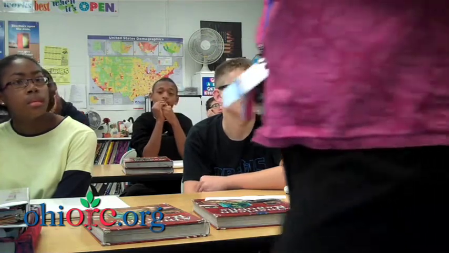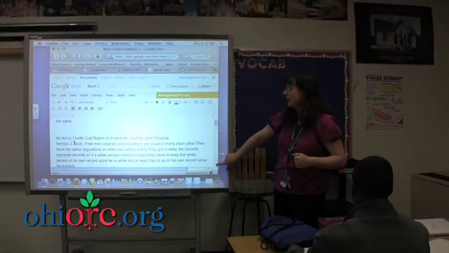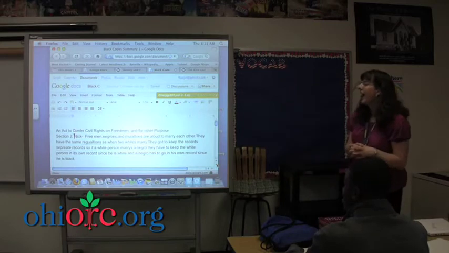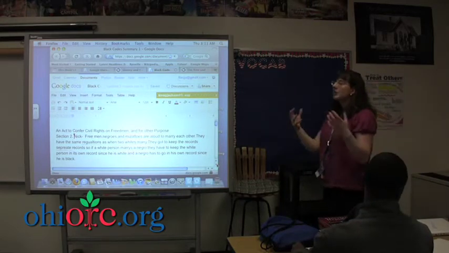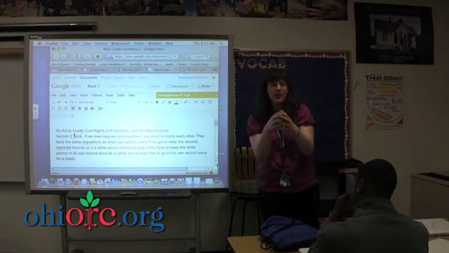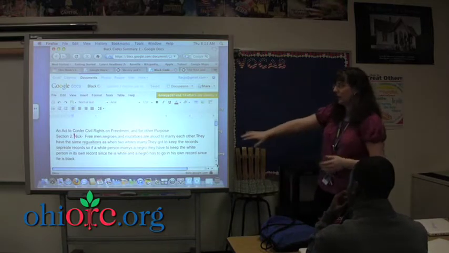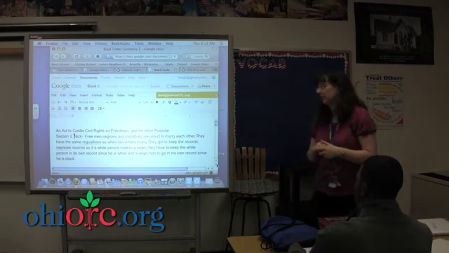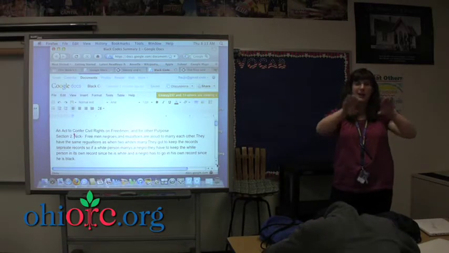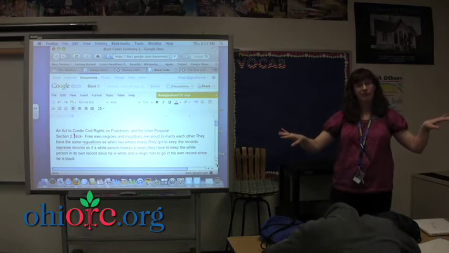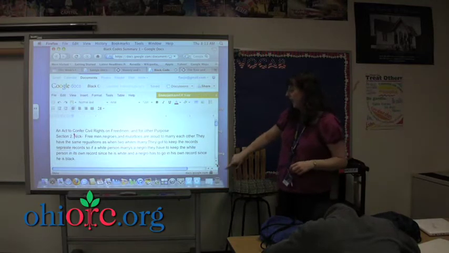If I did not have the technology, it definitely would have been different. I would have been using a lot more paper. I still probably would have divided it up a bit more. It would have been more difficult because they would not have that access to the dictionary, vocabulary, looking up things, doing research. I had a student who was actually going back and looking up Mississippi at that time period.